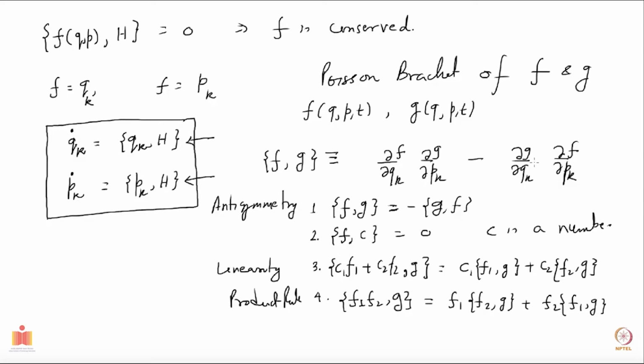Then if you take a partial derivative of the entire bracket, then you will see that the partial derivative with respect to time distributes. So you take ∂/∂t of this Poisson bracket and you can verify that the following holds true.